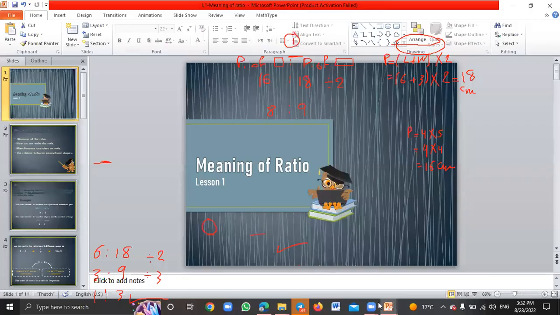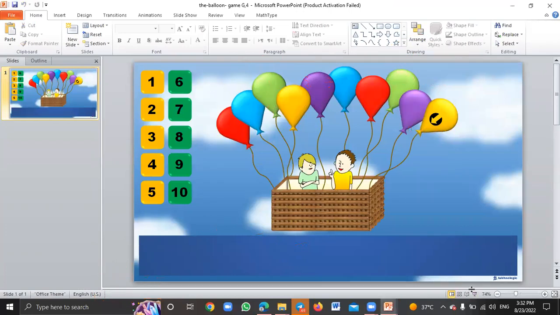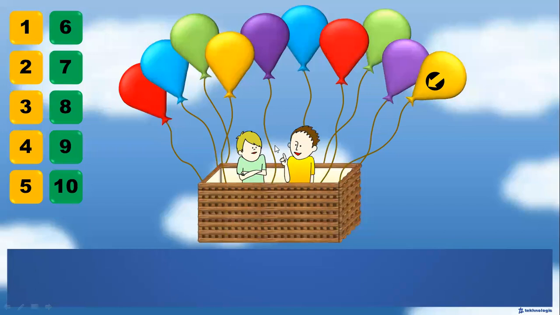Now we have finished the questions. Let's make some activity. Okay, now you can choose any number to start to make a revision about what you took in the lesson.